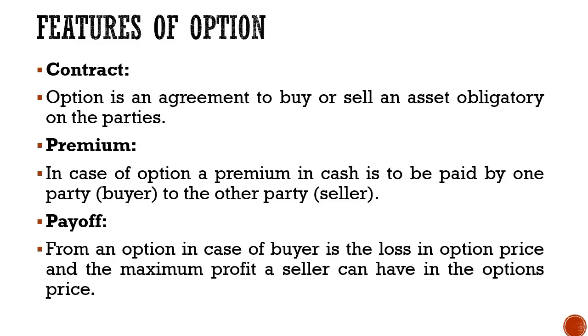Payoff. From the option point of view, payoff means in case of a buyer it is the loss limited to the option price, and the maximum profit a seller can have is the option price. So payoff is nothing but the maximum loss a person can make and the maximum profit a person can make under option.